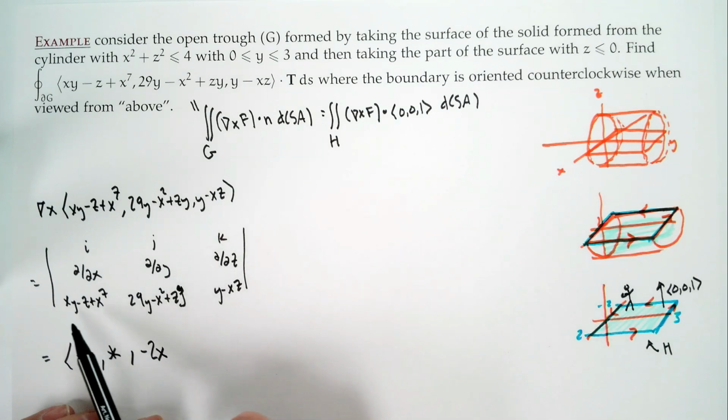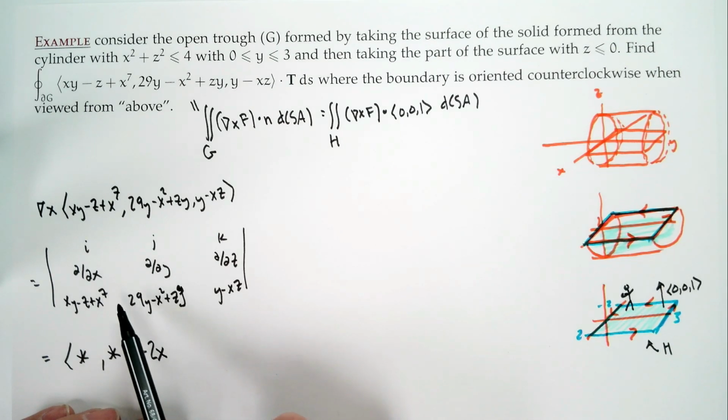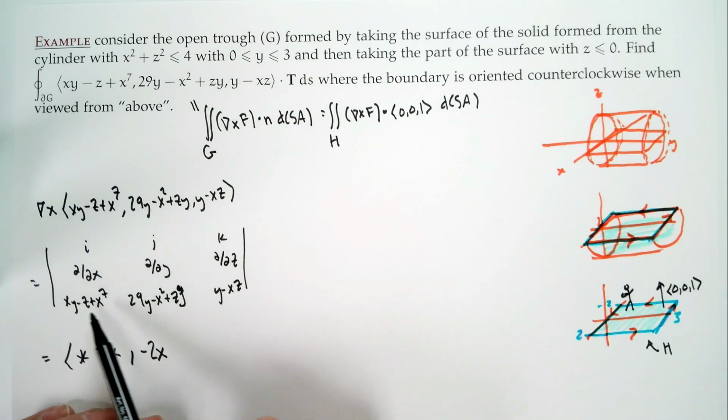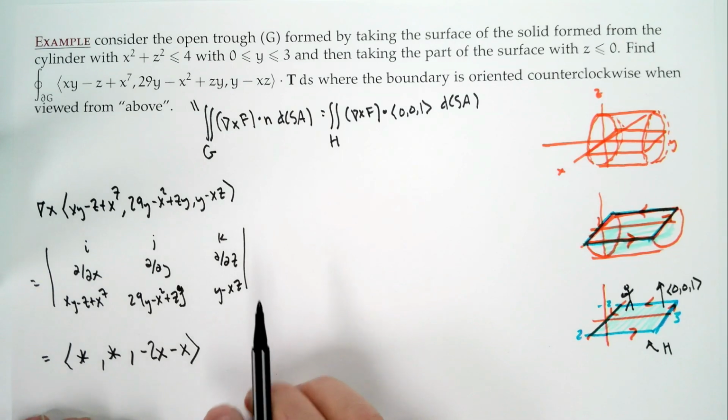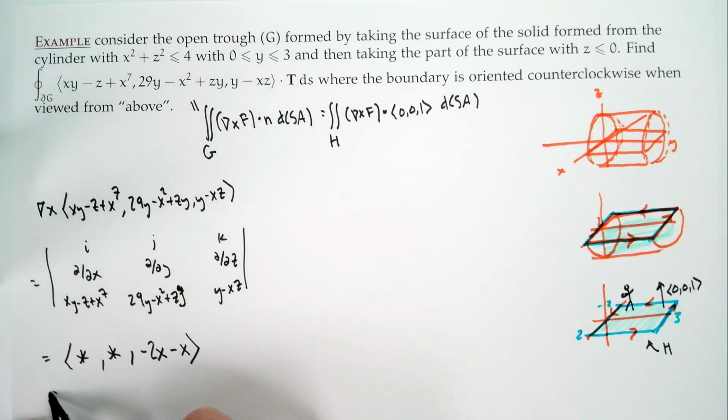And then the other term will be partial y of xy minus z plus x to the 7th. Well, when we take the derivative with respect to y, what happens? x to the 7th and z go away. You're left with an x, and we're subtracting, so minus x. Well, that tells us that we have something minus 3x.